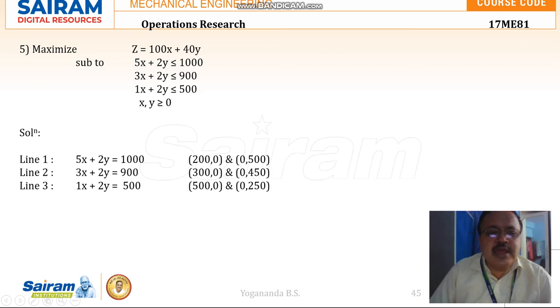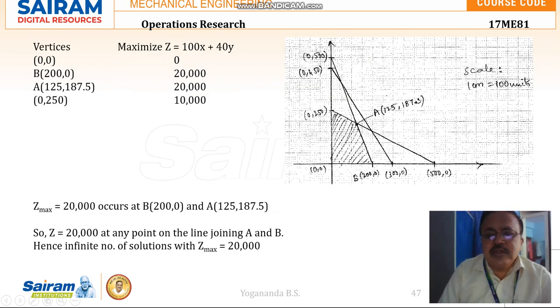Whether it is x-axis or y-axis, the maximum value required on the x-axis is 500. So I may take 1 centimeter as 100 units or 1 centimeter as 50 units. If I take 1 centimeter as 50 units, then to reach 500, 50, 100, 150, 200, I will require 10 points. But taking 1 centimeter as 100 units, I require only 5 points of 100 each.